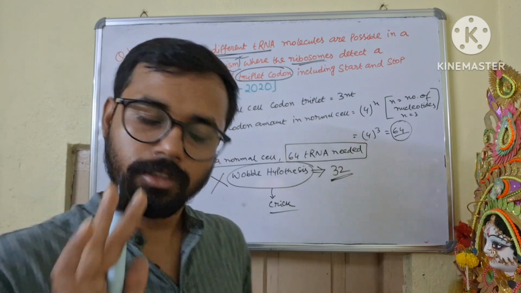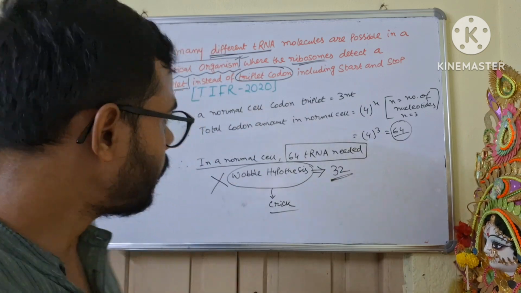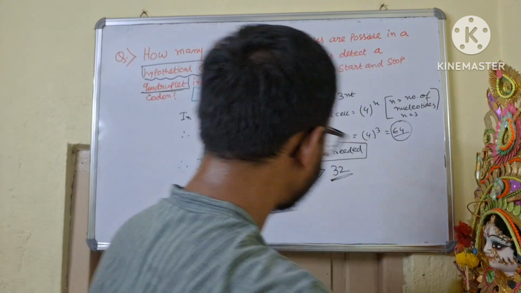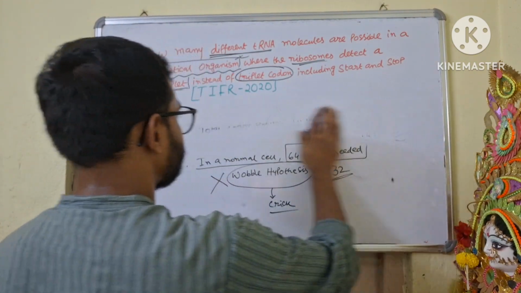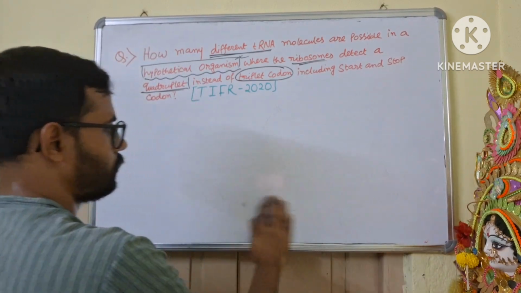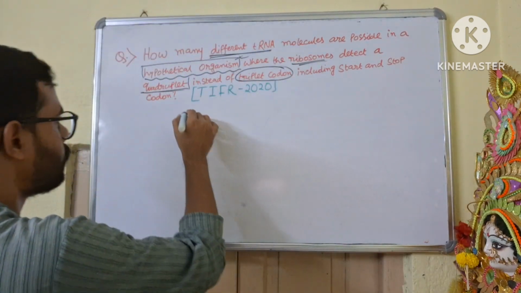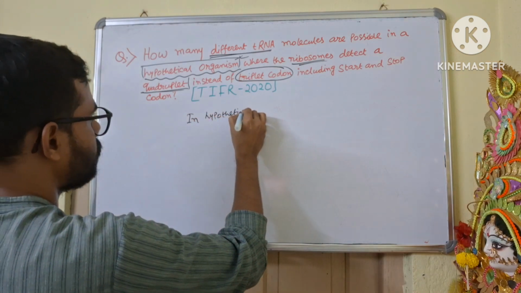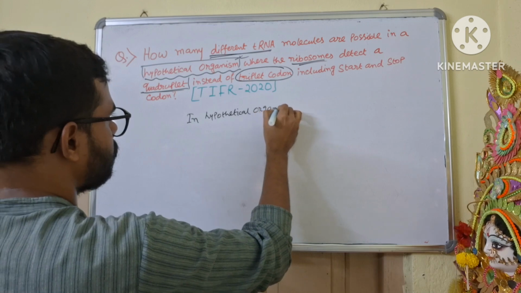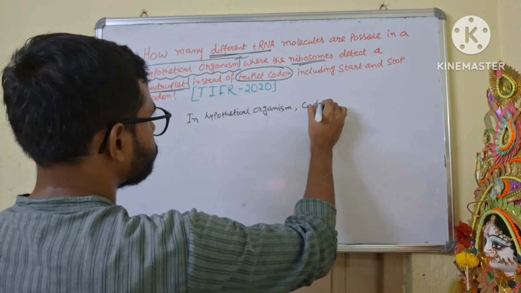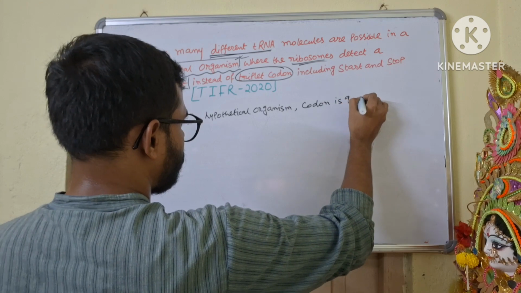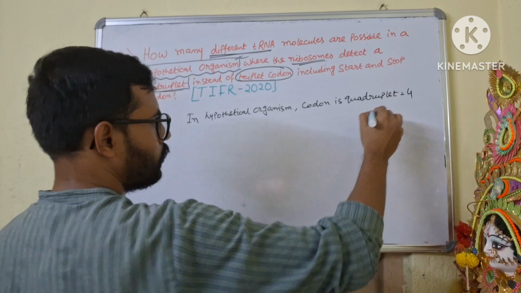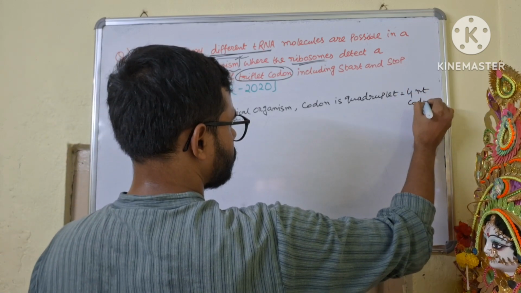Now in the case of a hypothetical organism where the codon is not triplet, it is quadruplet, how can we calculate? Check. In the hypothetical organism, the codon is quadruplet, meaning a 4 nucleotide codon length.